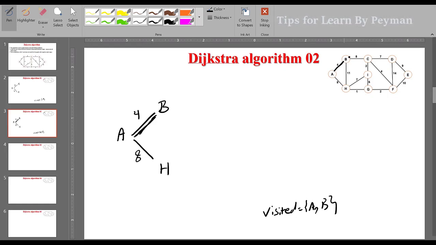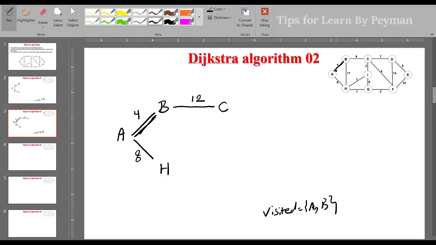Let's see. When we open B, we have a path to H from here and a path to C from here. So I write it down here. We have a path to C here. The value between B and C is 8. 8 plus 4 would be 12. So I write down 12 here. And the cost between B and H is 11.